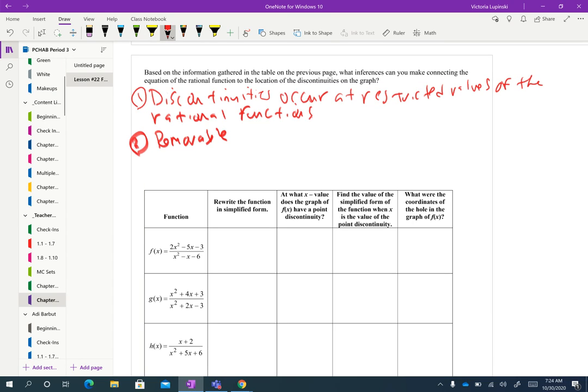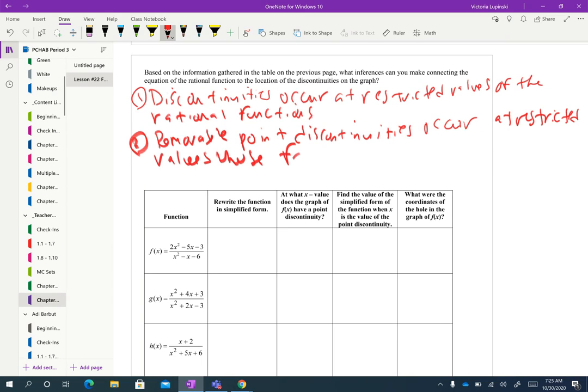So removable point discontinuities occur at restricted values whose factors cancel out.